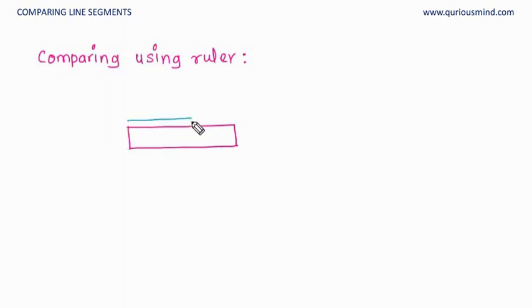We have these markings and we know how long this line segment is, and then we compare this line segment using the ruler, and we know that this line segment AB is smaller than line segment CD.